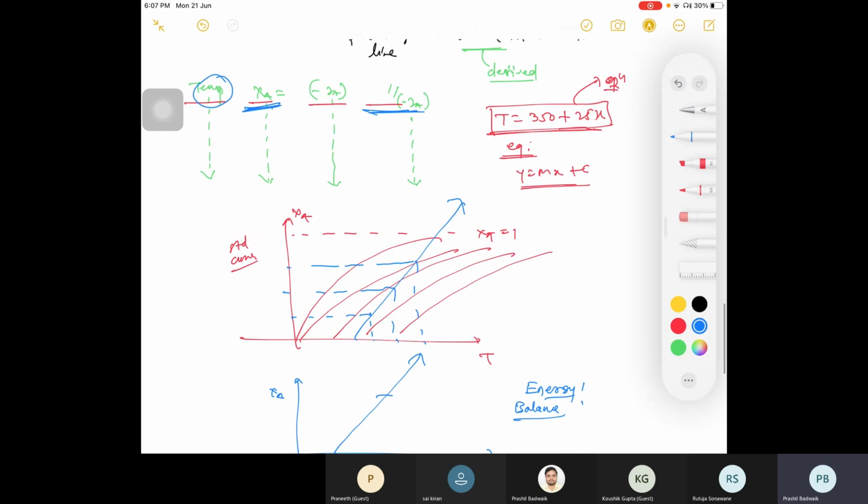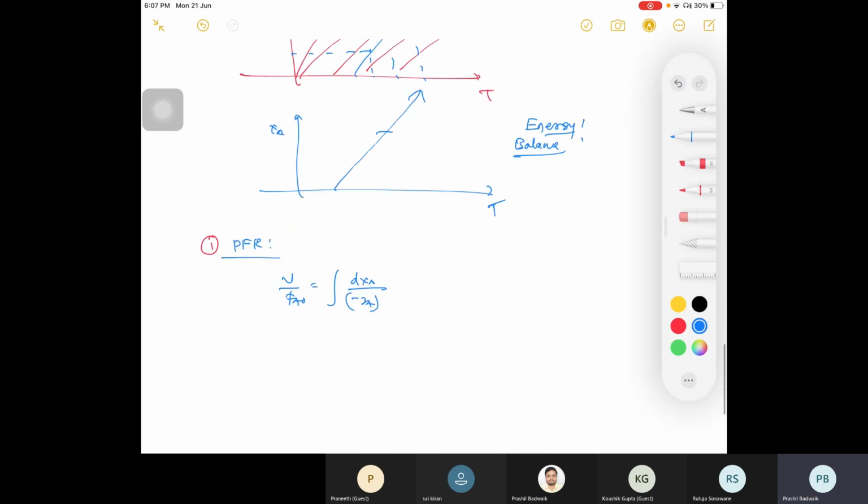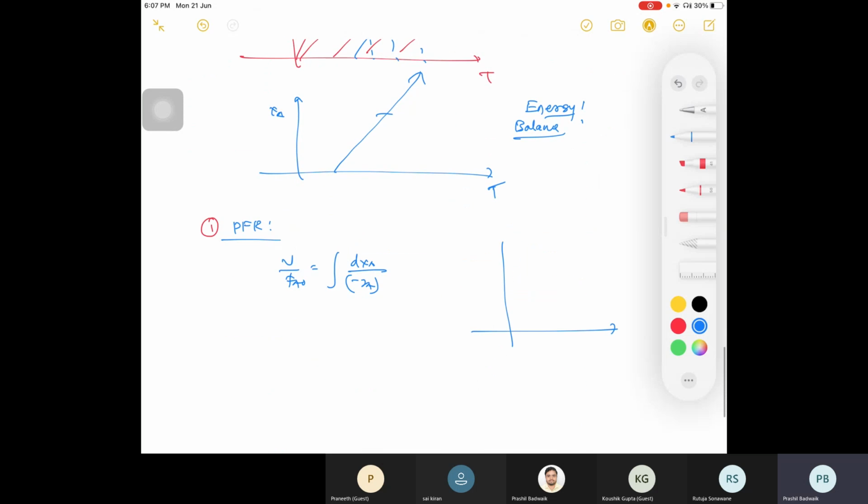तो अभी हमने जो डेटा लिया था वहाँ पे you have Xa, you have 1 by minus Ra, right. So you can plot this. You are having 1 by minus Ra and here it is Xa, and you will get some curve like this. So for PFR it is area under the curve, right? And for MFR it is your area of rectangle.